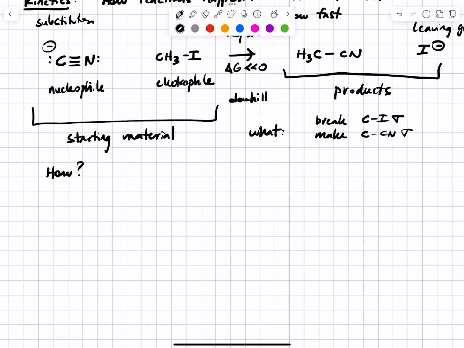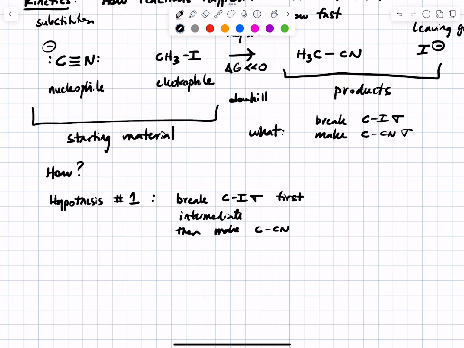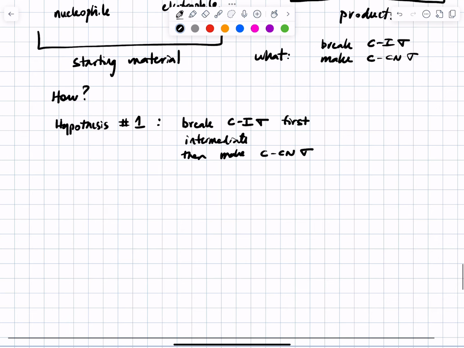Now, one mechanistic hypothesis, number one, is that we break the carbon-iodide sigma bond first, we get an intermediate, and then we make the carbon-CN sigma bond. If we were to draw this out in terms of arrows, now please remember this is a hypothesis.